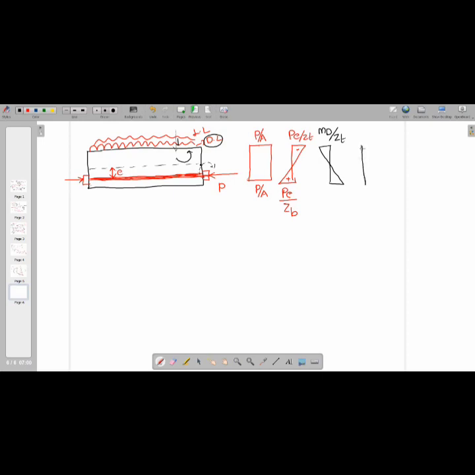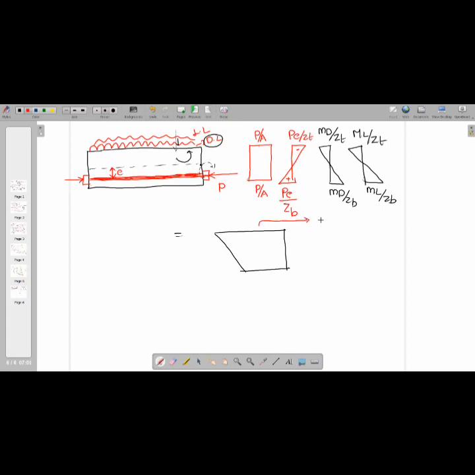And if you talk about the live load also, it is the same: ML upon ZT and ML upon ZB. And here you can write MD upon ZB. So here if you see the resultant, it will be somewhere like this. So what is the stress at top?